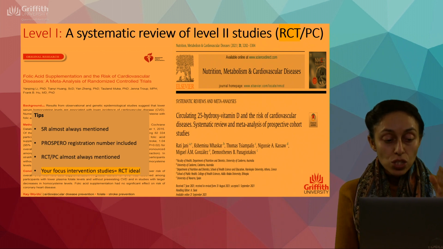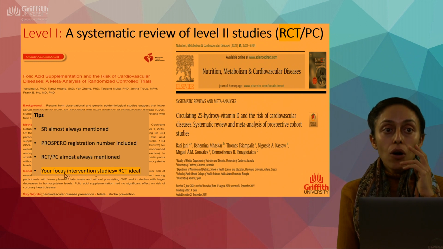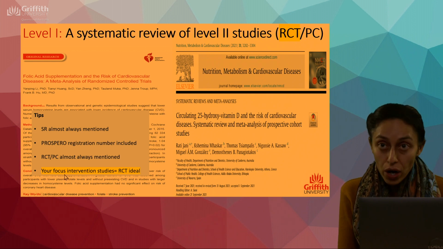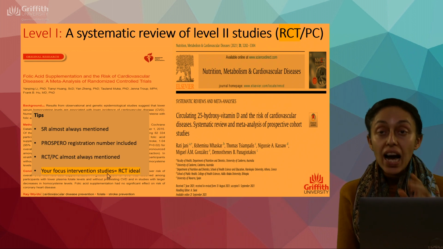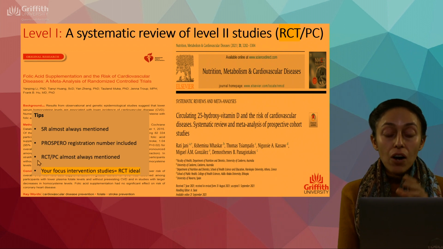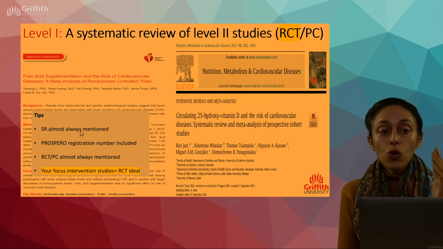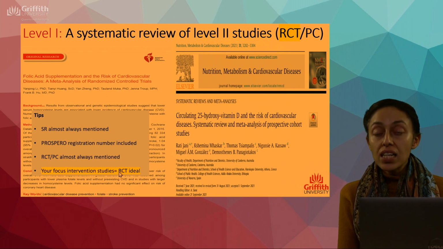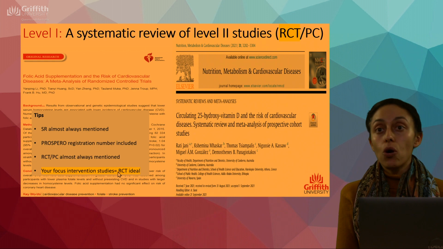Okay, so yes, again a tip over here that the kind of studies that you will be focusing on for your assignment will be ideally, you may not always have that in your research area, the topic which you have been assigned, but where possible, try to look for systematic reviews of randomized control trials that is most applicable to your assignment.